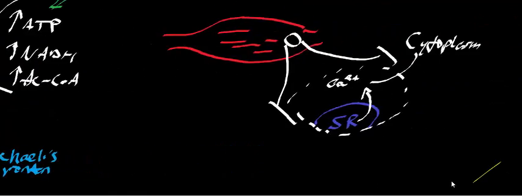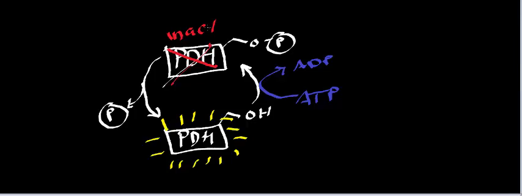But also, when ATP is present, it can act as a sort of covalent modulation regulator, right? Because if ATP is present, there's lots of that substrate for a kinase. And so the kinase now has its substrate, and it can phosphorylate pyruvate dehydrogenase. And when pyruvate dehydrogenase is phosphorylated, it becomes inactive. So this with the phosphate is inactive.